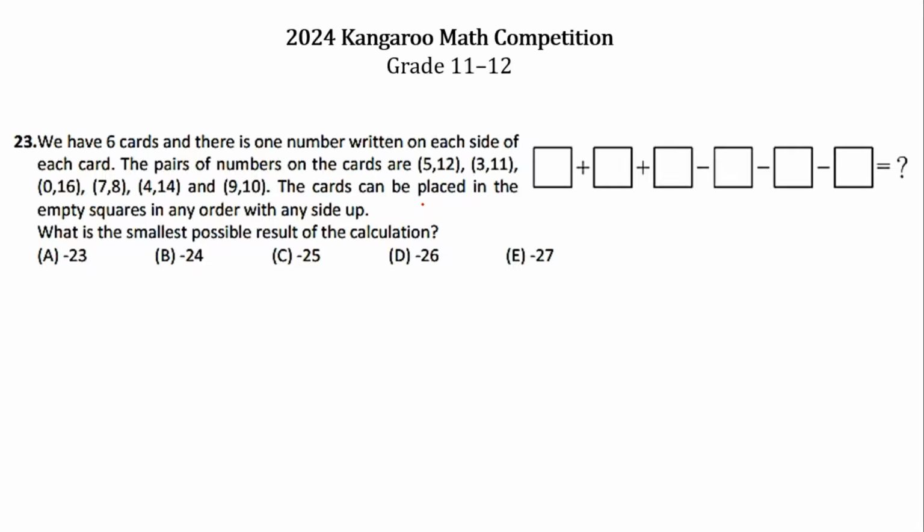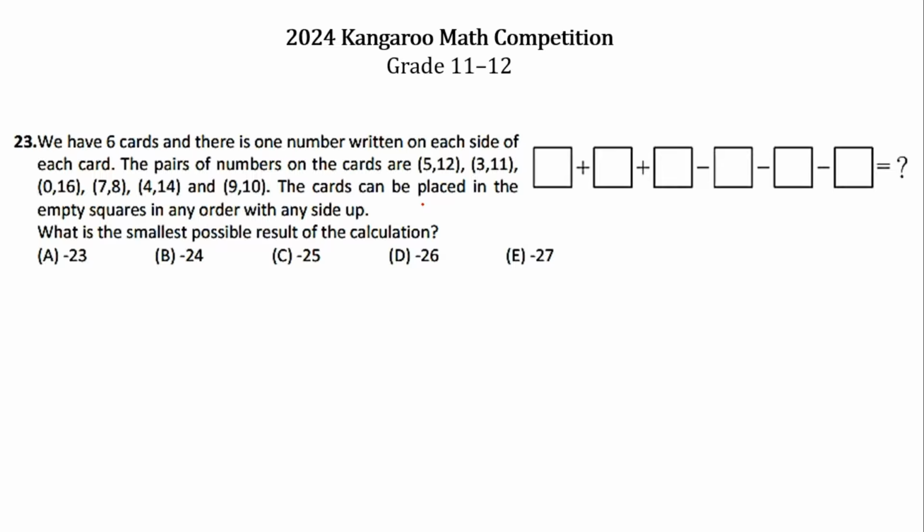What is the smallest possible result of the calculation? Alright, so we can attempt to guess and check by placing the smaller numbers in the first three boxes and the larger ones in the last three boxes, because in that way we can get a very small negative number, right?